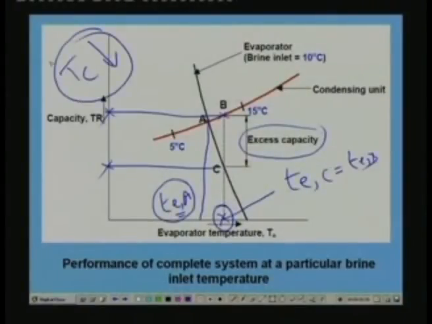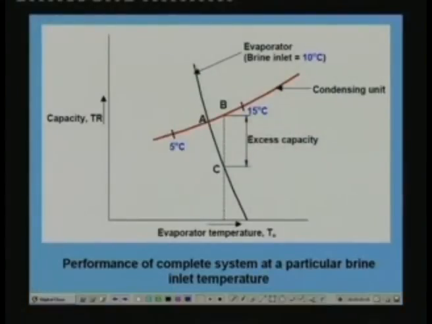Once Tc reduces, evaporator temperature also reduces. Once evaporator temperature reduces, the balance point will shift from the unsteady value of TC to the steady value of TB. To start with, it is at this point, because of the excess capacity, condenser temperature reduces.